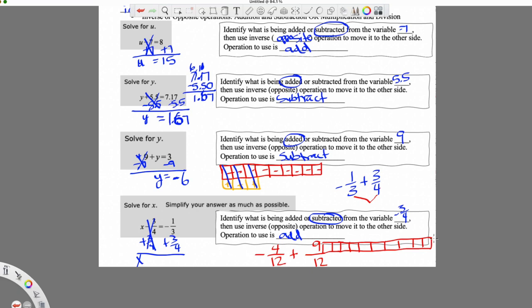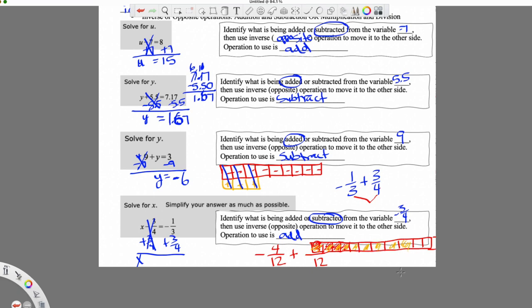This is not coming out very nicely because I did not plan it out very well. There we go. We have 12 there. And on the top, I have negative 4: 1, 2, 3, 4. And on the second one for the top, it was 9 of them: 1, 2, 3, 4, 5, 6, 7, 8, 9.